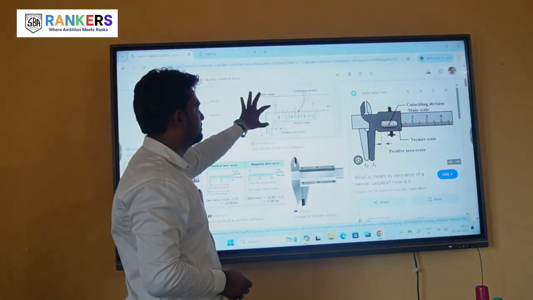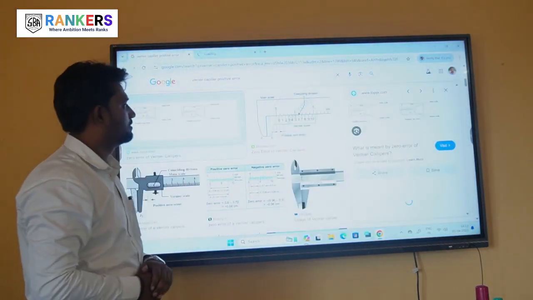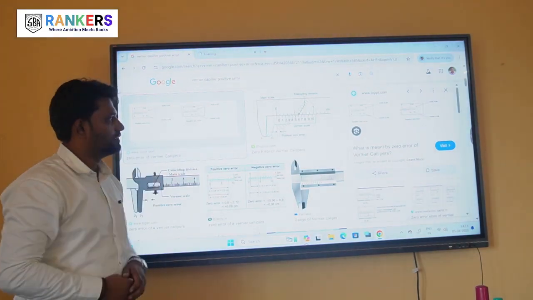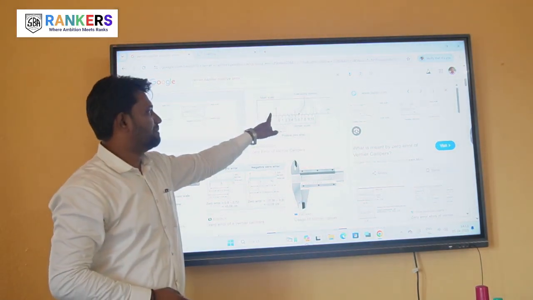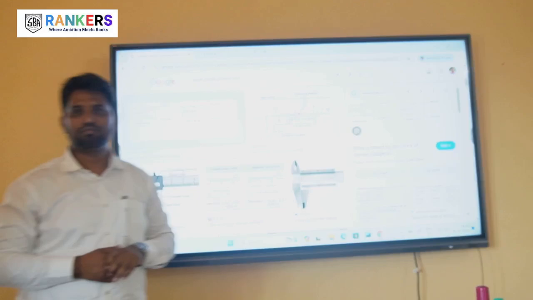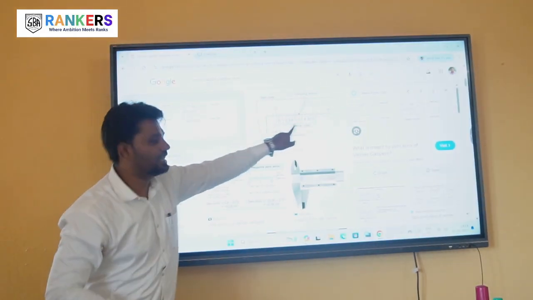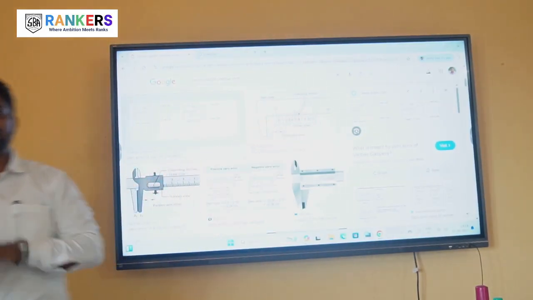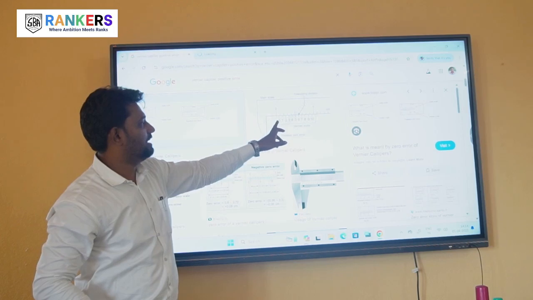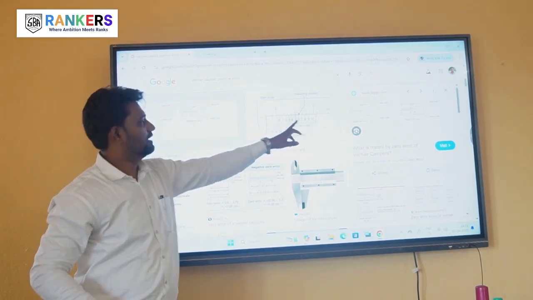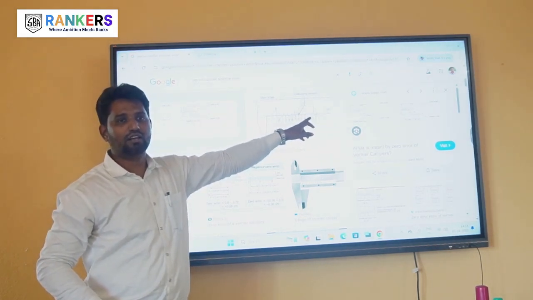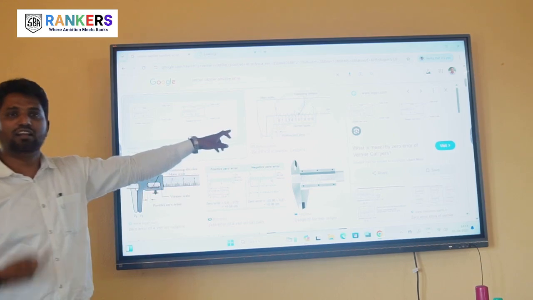See this one. This upper line is the Vernier scale. See how many lines are in the Vernier scale: 0, 1, up to 10. So how many lines in the Vernier scale? 10.